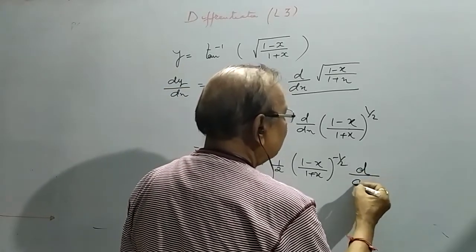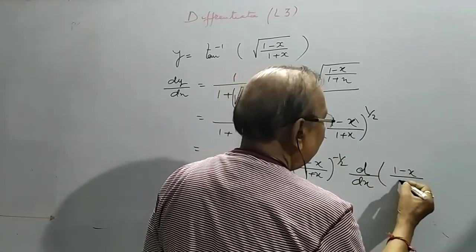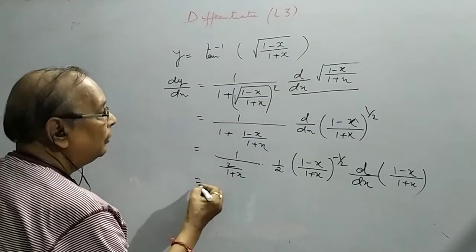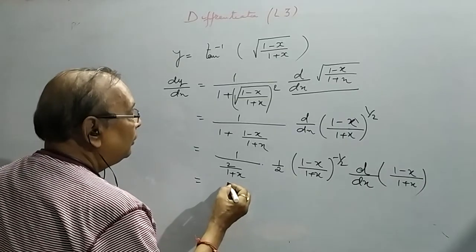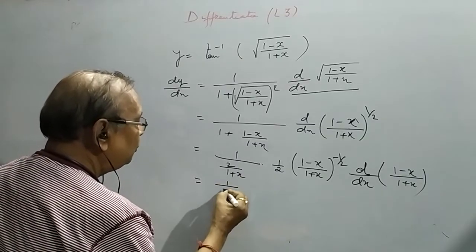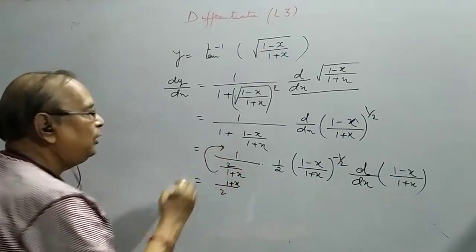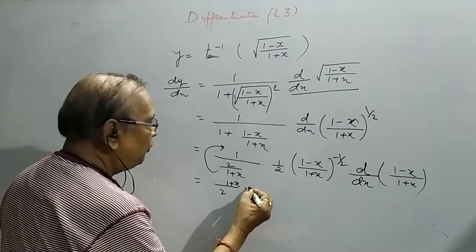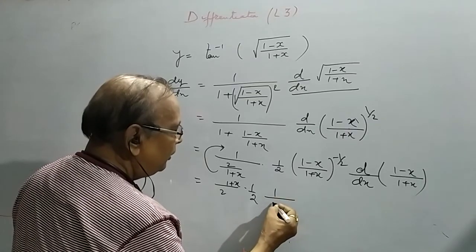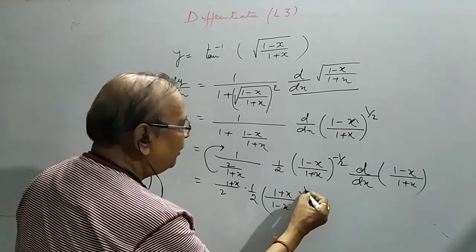Now d by dx of that is t. Now what we get, that is 1 upon 2, 1 plus x will go in the numerator, and 1 upon 2 further, and 1 minus x upon 1 plus x raised to the power half.